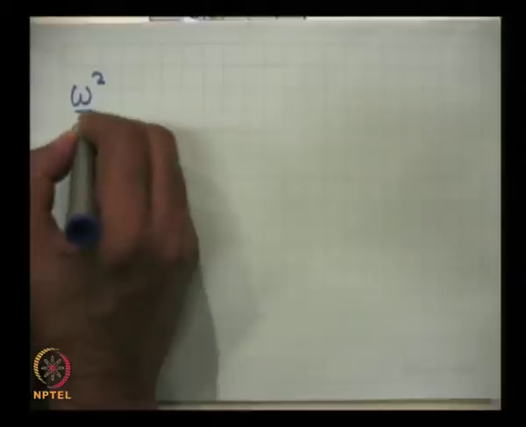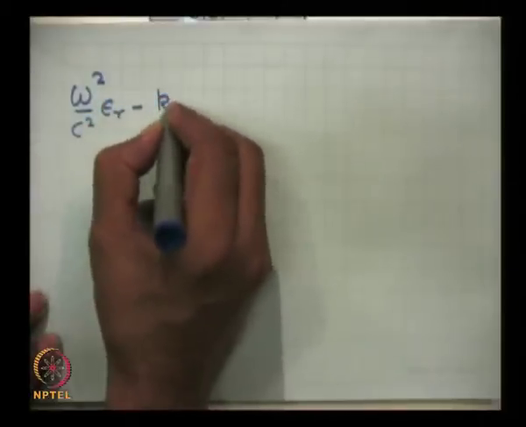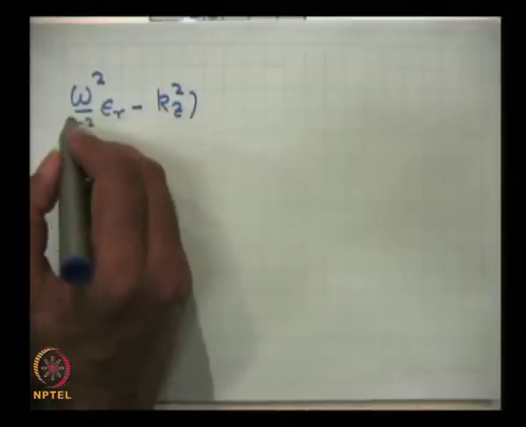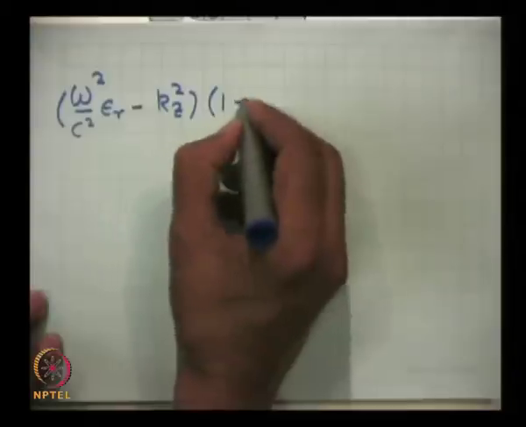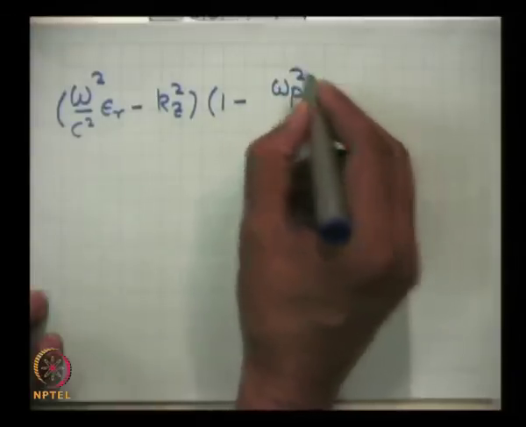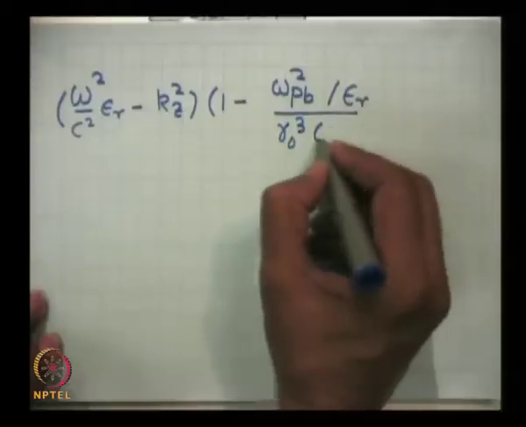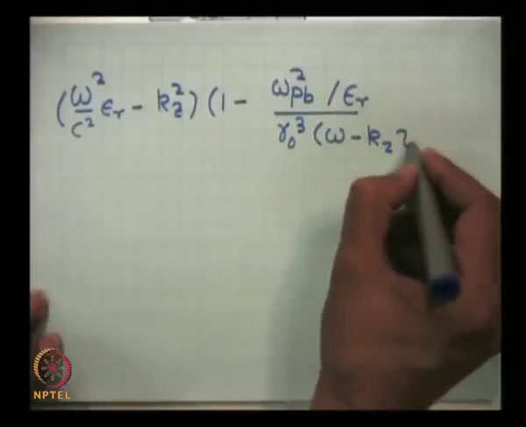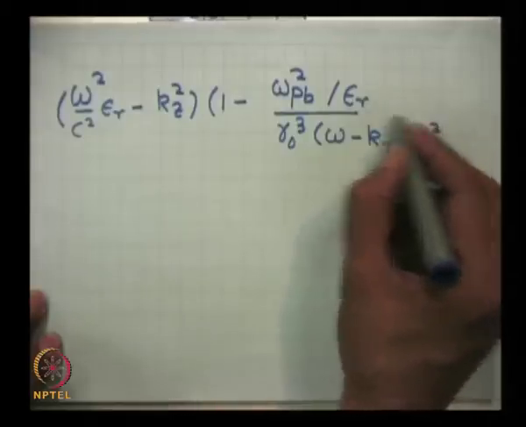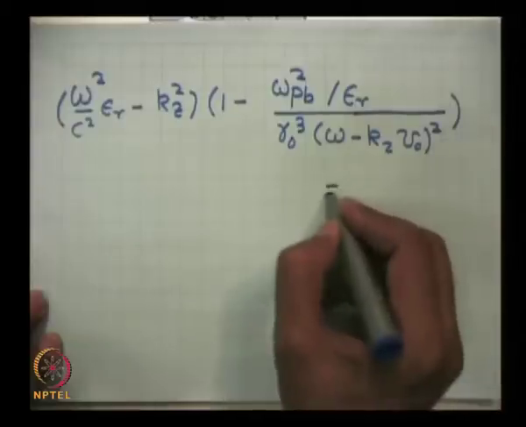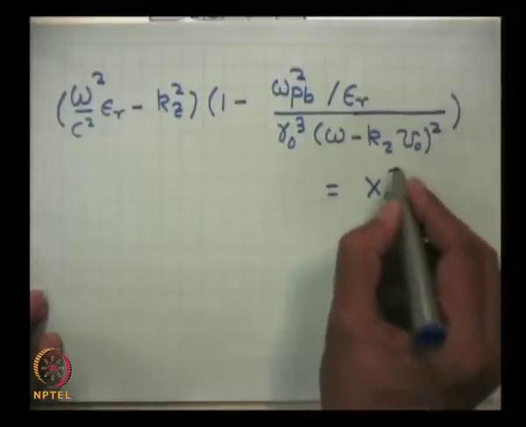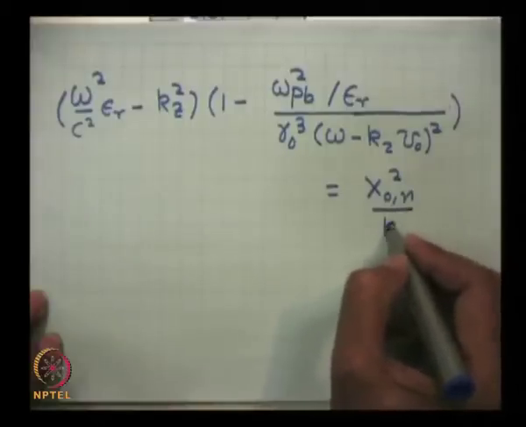So what you get is this: put this value of k⊥ in that expression, and that becomes (ω²/c² εr minus kz²) multiplied by 1 minus ωpb² divided by εr γ0³ (ω minus kz v0) whole square is equal to x0n² upon a².